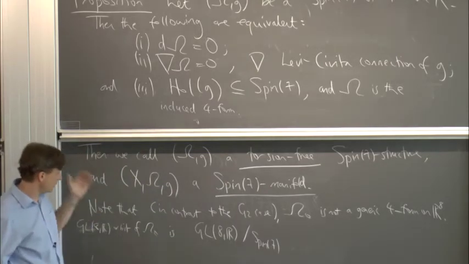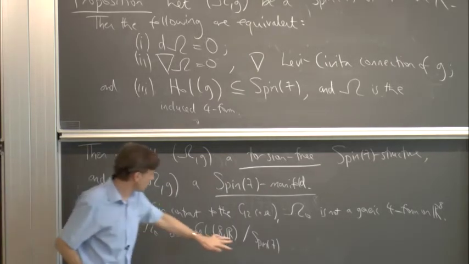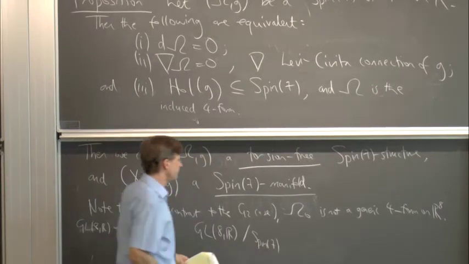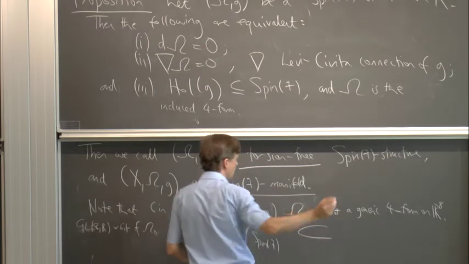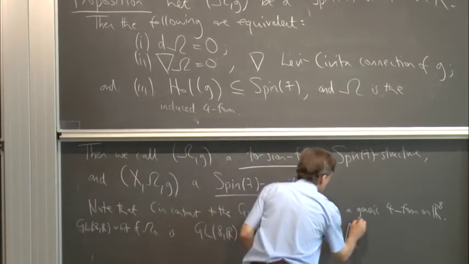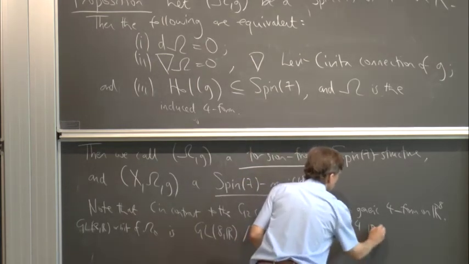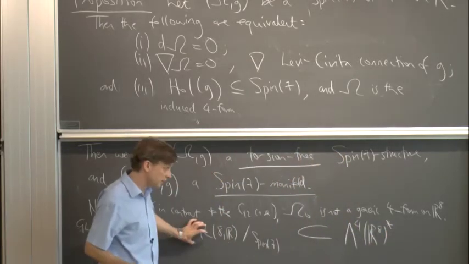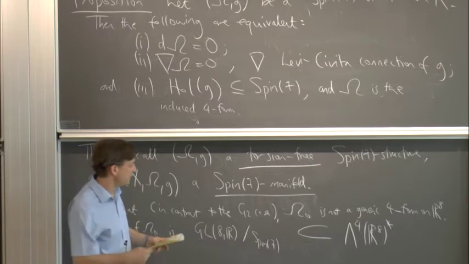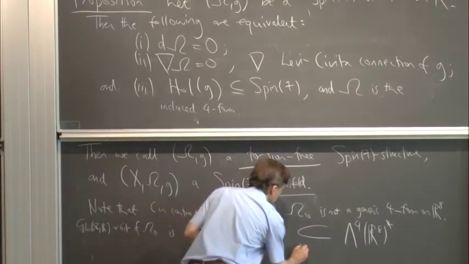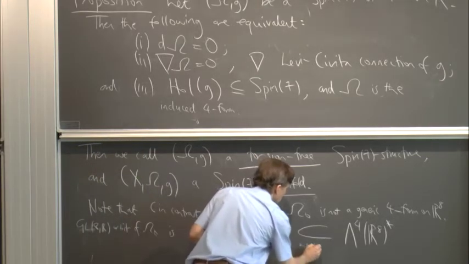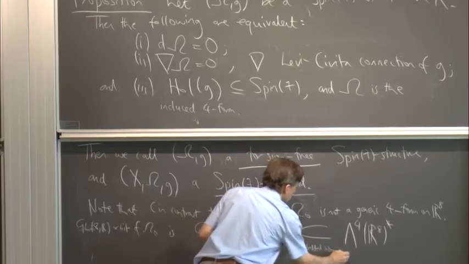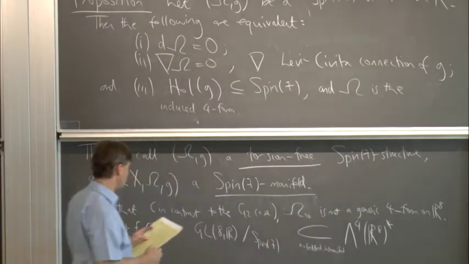That's just true because we know the stabilizer group of Ω0 in GL(8,R) is Spin(7). So this sits inside the 4-forms on (R^8)*. This orbit, just for general reasons, is an embedded submanifold, in fact a closed embedded submanifold.